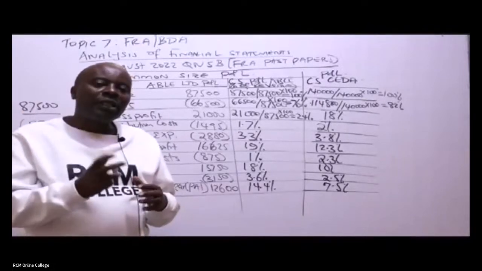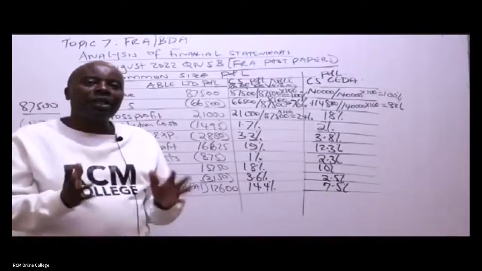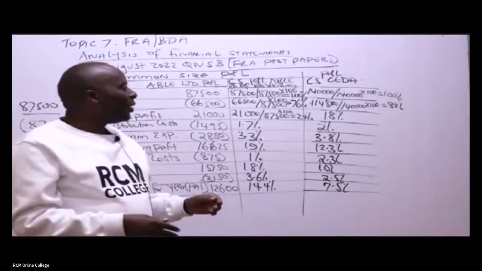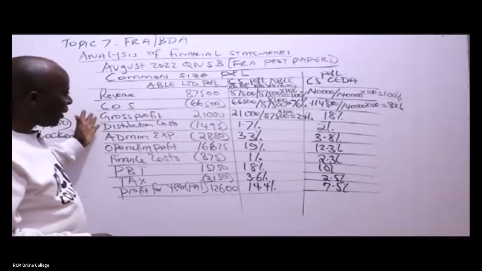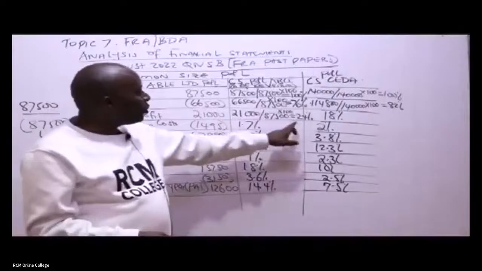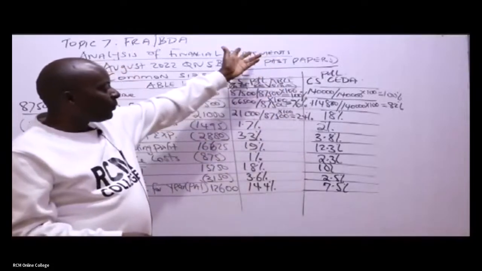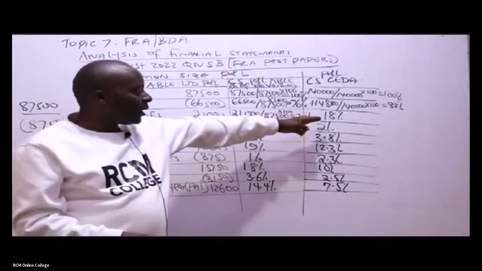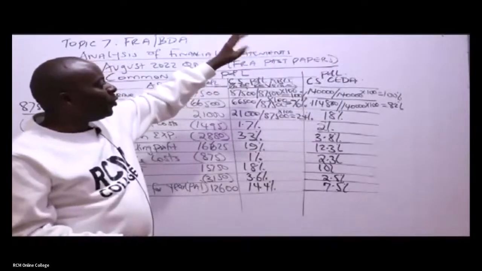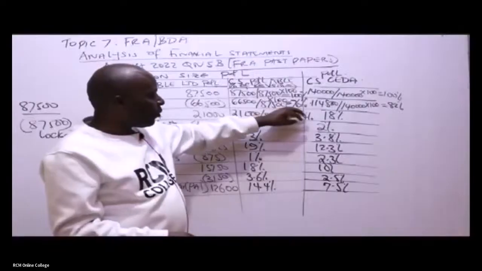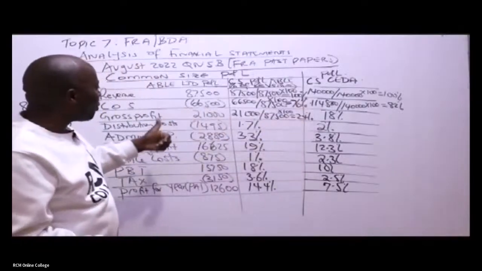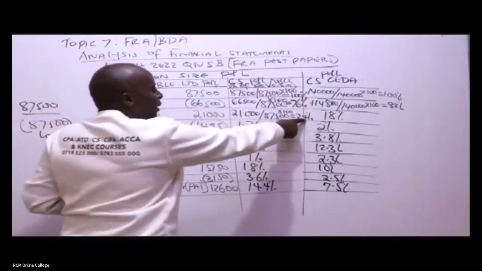So whenever you are told to advise investors, potential shareholders, always look at the gross profit margin, the gross profit percentage. You can see ABO has a higher one, 24%, the other one is 18%. It doesn't matter how high the sales you're making here. We're only interested in the profits. So in terms of gross profit percentage, ABO is better.